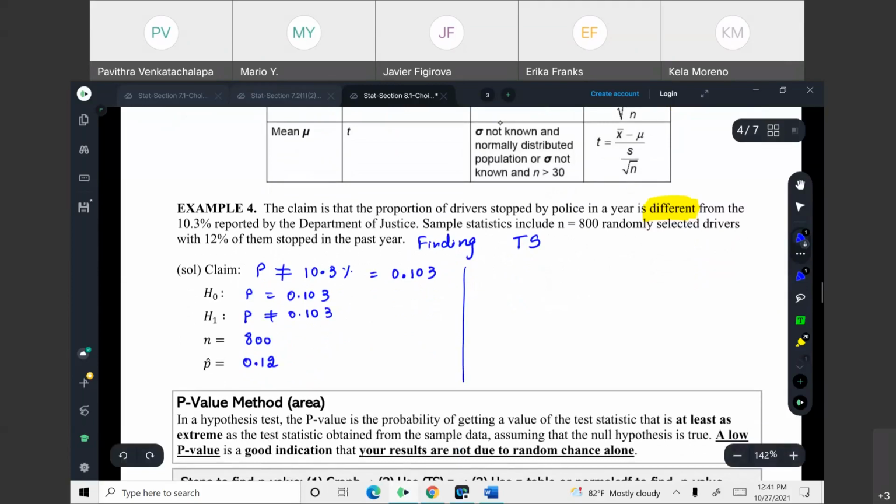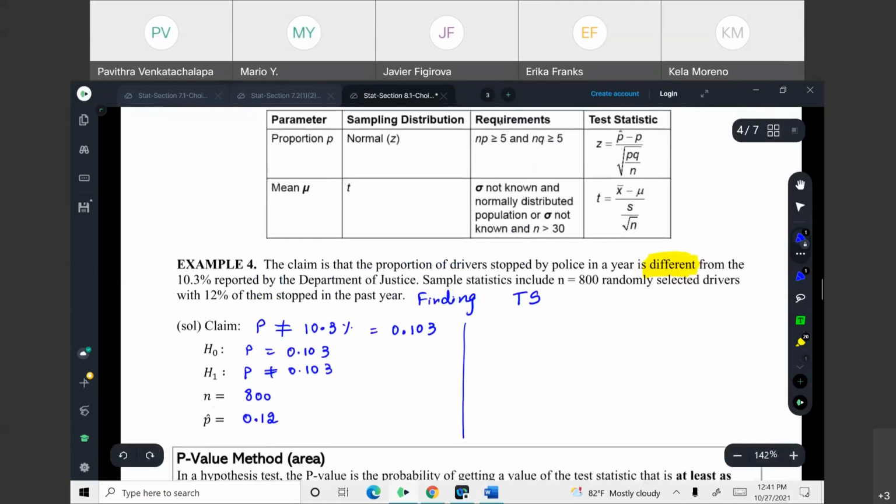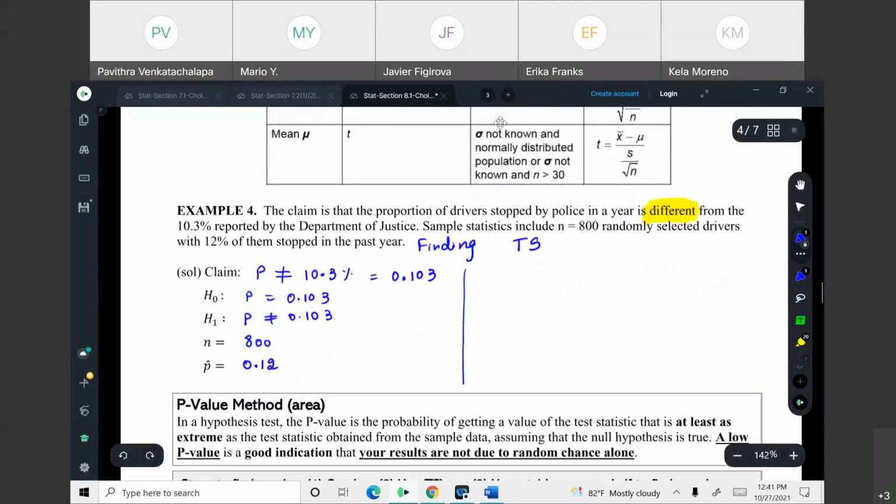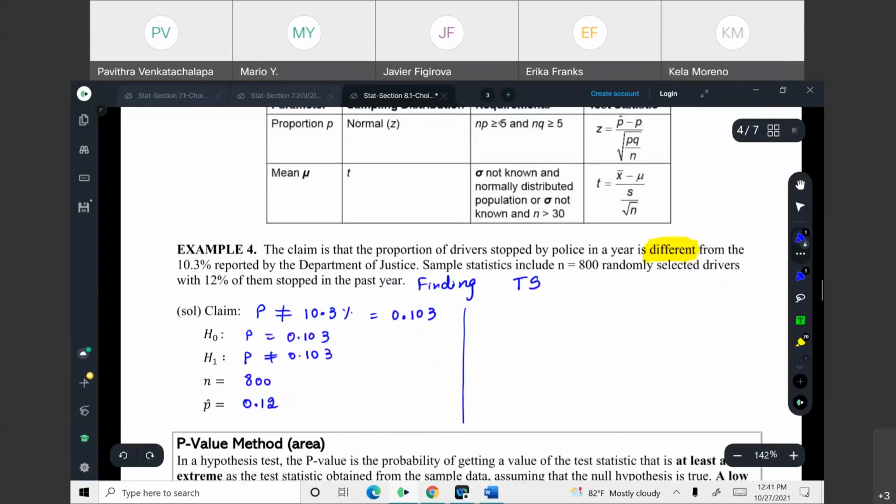Yeah, right. So we are not looking at the mean, we are looking only at the proportion p. So we are supposed to use z equal to p cap minus p divided by square root of p times q divided by n. Now you have all the values, just plug in and find the final answer.